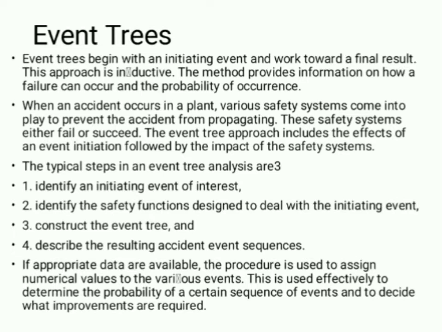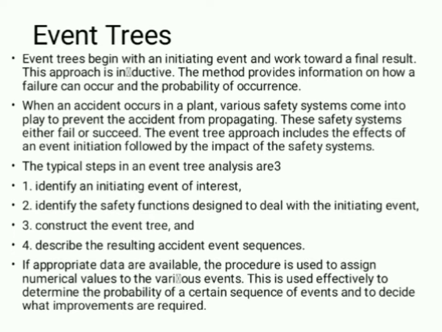There are steps involved in event trees. The first step is to identify the initiating event. Initiating events can be of various types. In the example I discussed, the reactor's initiating event is the decrease in the flow rate of the coolant, which may increase the temperature.